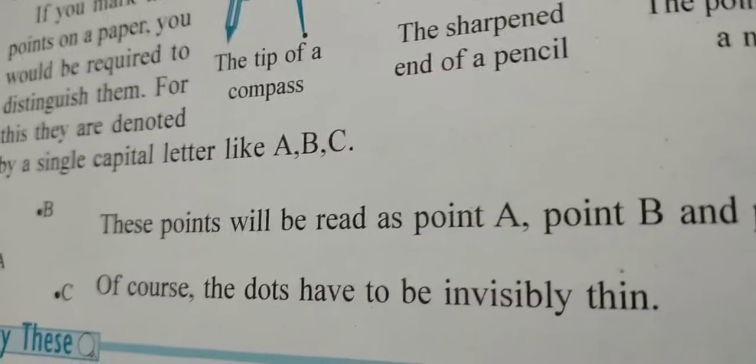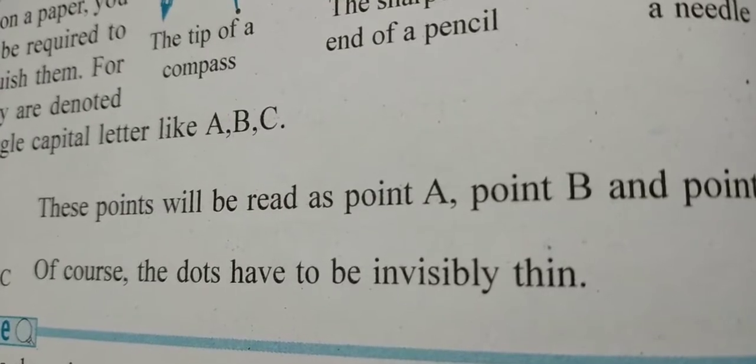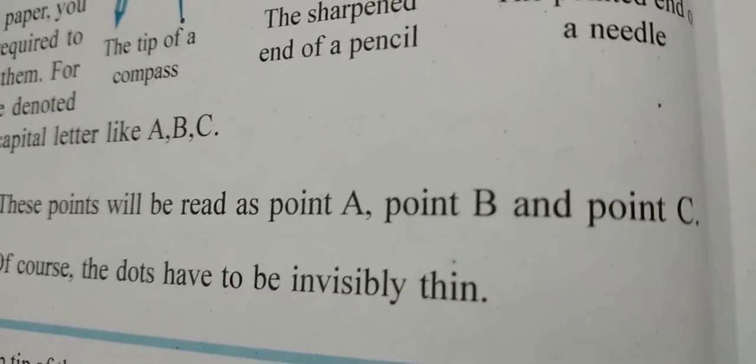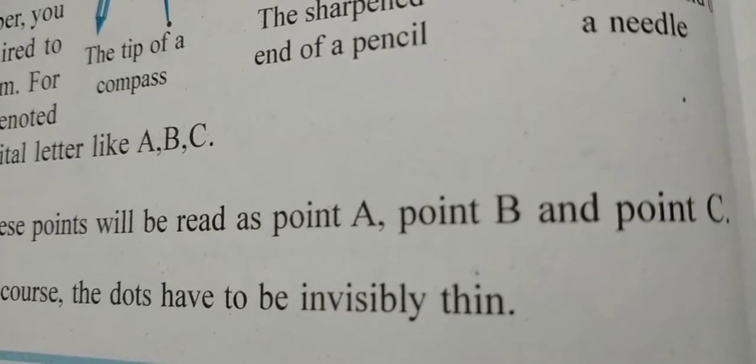So these points will be read as point A, point B and point C. The dots have to be invisibly thin. Is that clear? You have to be careful while you plot a point.